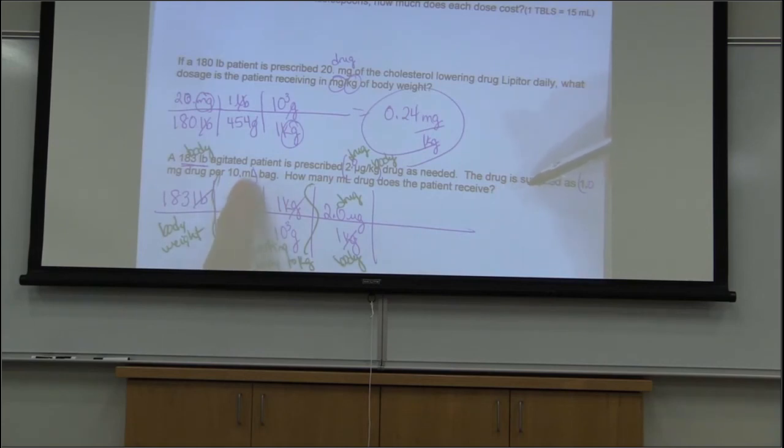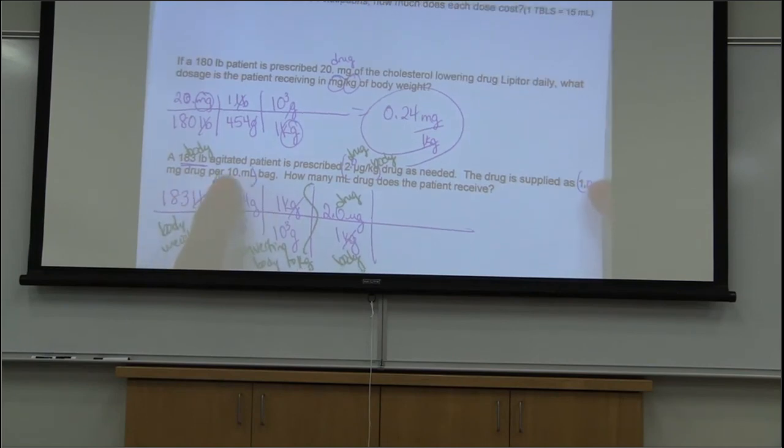Will this be the last step? What are we trying to find in the end? So am I going to use this conversion factor at the end? Yes, but I'm not ready for it yet. Why not? What am I in? What do I have to be in to use this conversion factor? So what's my next step?